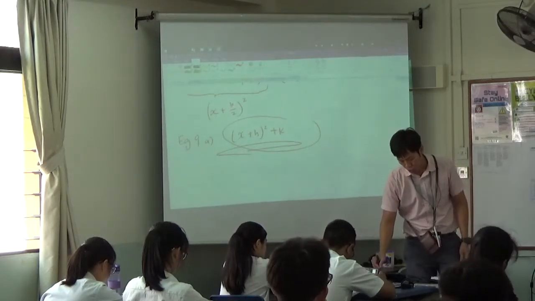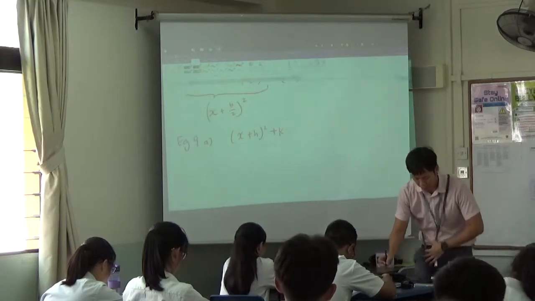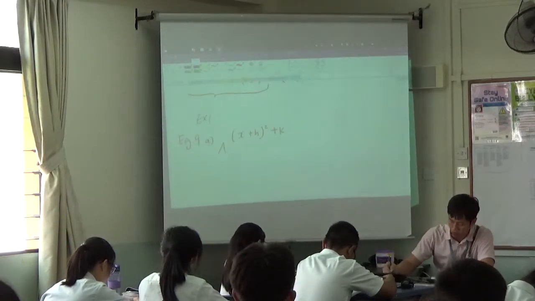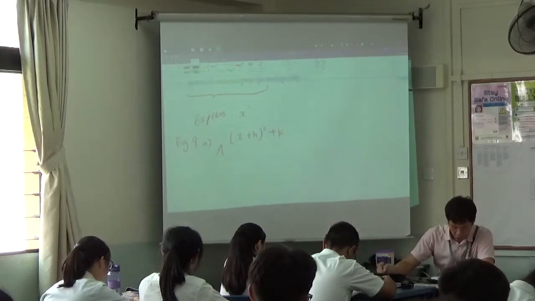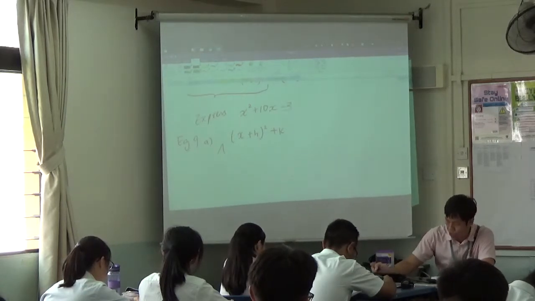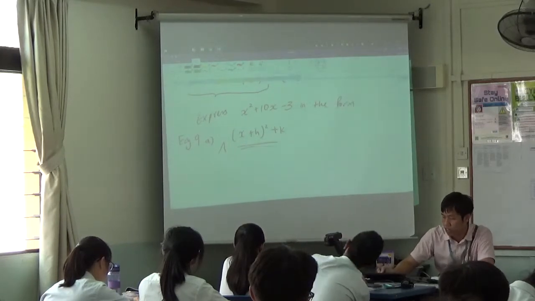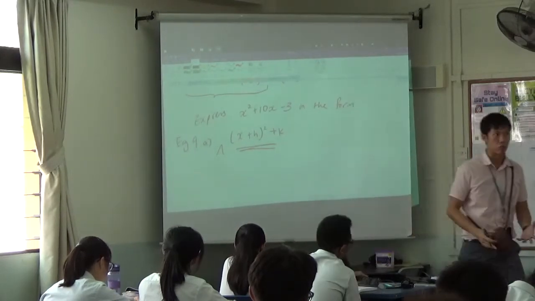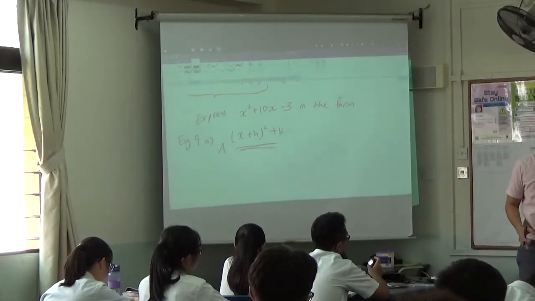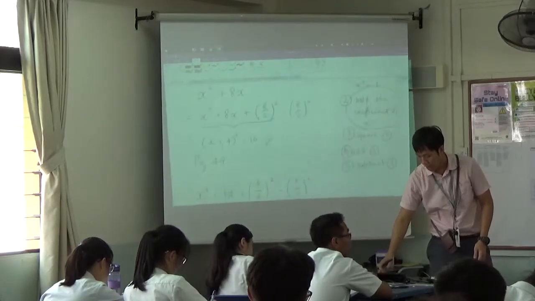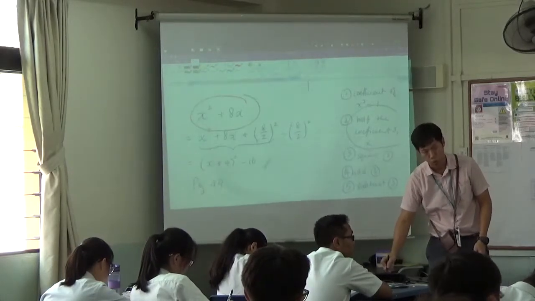Now, this is what you need to know. Whenever they ask you to express, in this case, x squared plus 10x minus 3 in the form, this one, they are trying to tell you to complete the square. Okay? Because in my own example, I wanted you to complete the square for this.